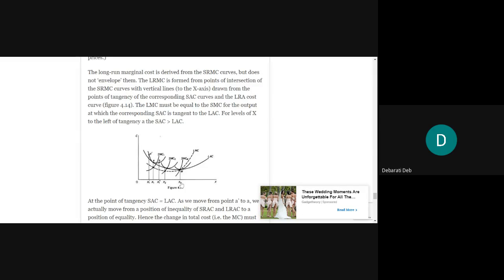First, you will draw that, and the long run marginal cost has to be drawn in such a way that it is equal to the short run marginal cost curves. There were short run marginal costs SMC1, SMC2, SMCM. This M is the point of equilibrium, so we have mentioned it as M, not as a 4.